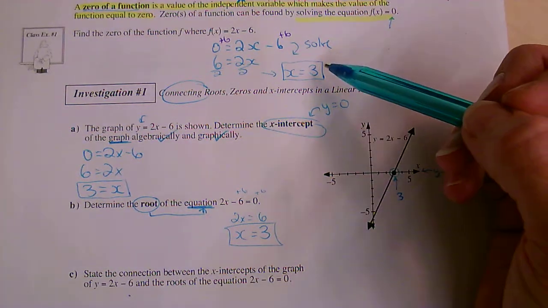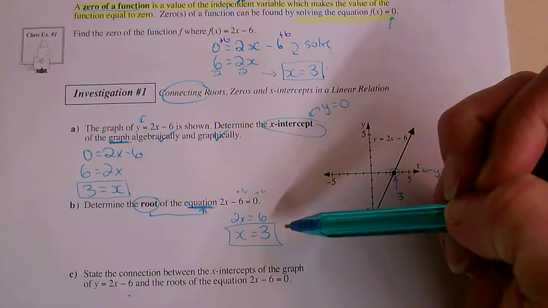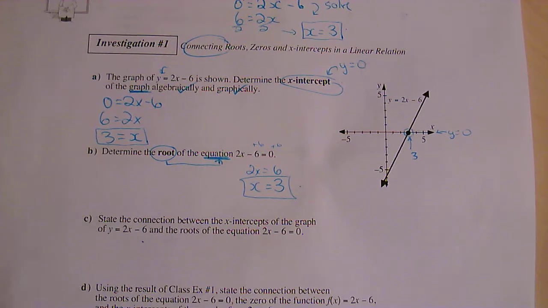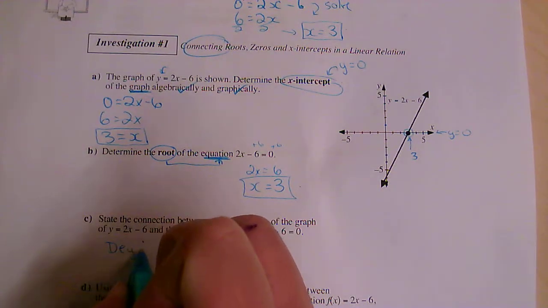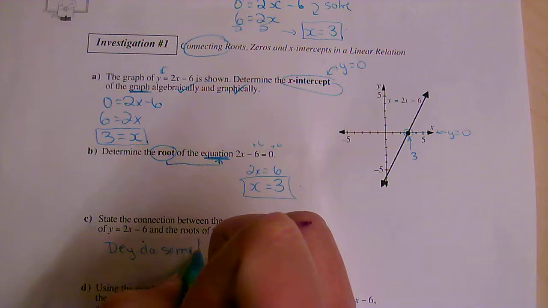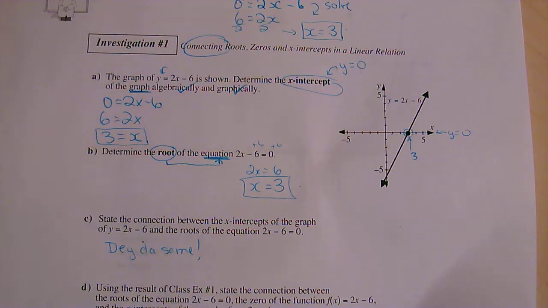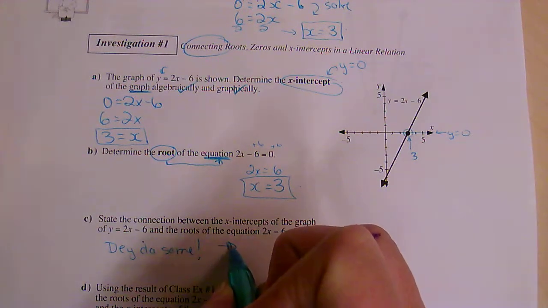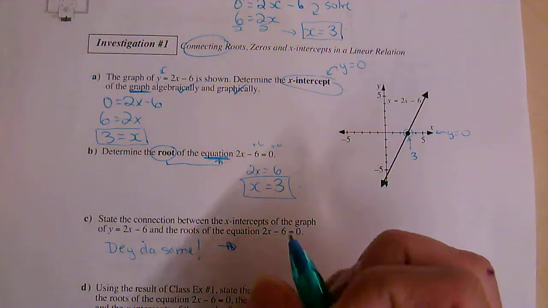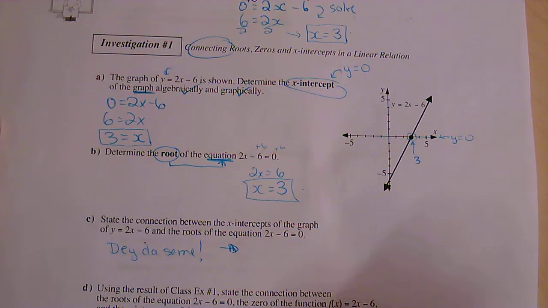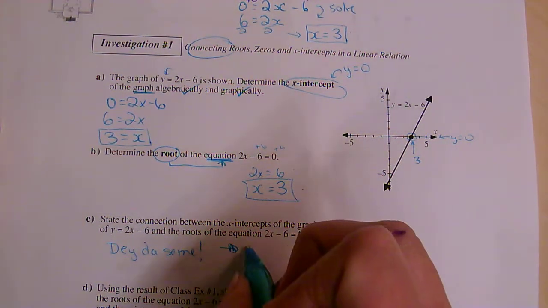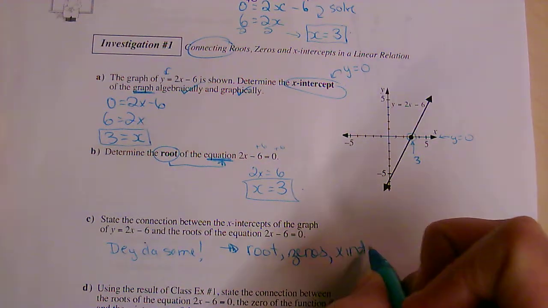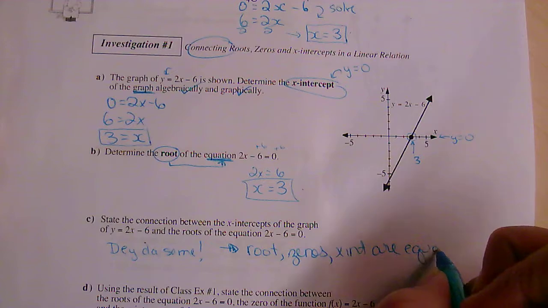So I see that my zero, my x-intercept, and my root are all the same. X-intercept of the graph is the same as the root of the equation, which is the same as the zeros. So root, zero, and x-intercept are equal.